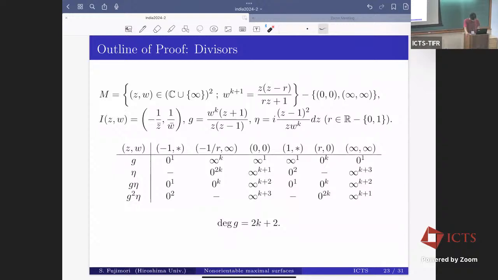And at this point, G has a pole of order k, but eta has a zero of order 2k, so this cancels, so this is also a normal point. And here, everything has a pole, so this is an end of the surface. This is also an end of the surface. So the double cover has 2 ends. And after the projection, this goes to the same point, so the non-orientable surface has 1 end.